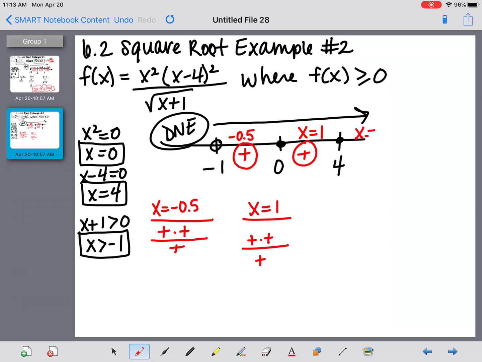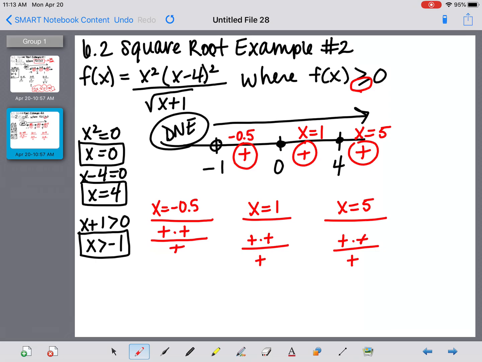And finally, let's use x equals 5. You don't want to go too crazy picking numbers in the interval. Positive times a positive on top, positive on the bottom. So each one of these intervals is positive. Because we are equal to 0 here, we're really just going to scoot right over the 0 and the 4.